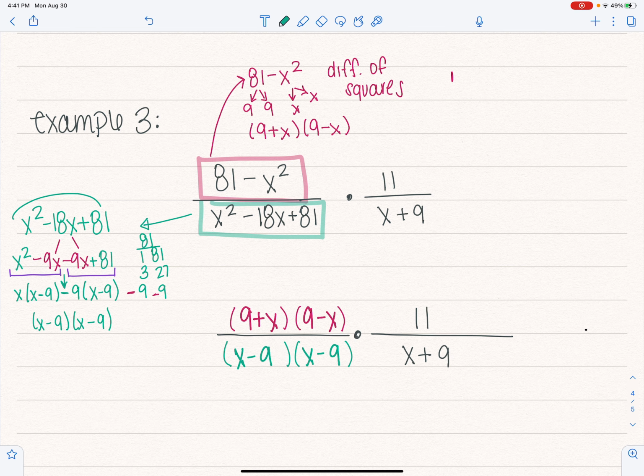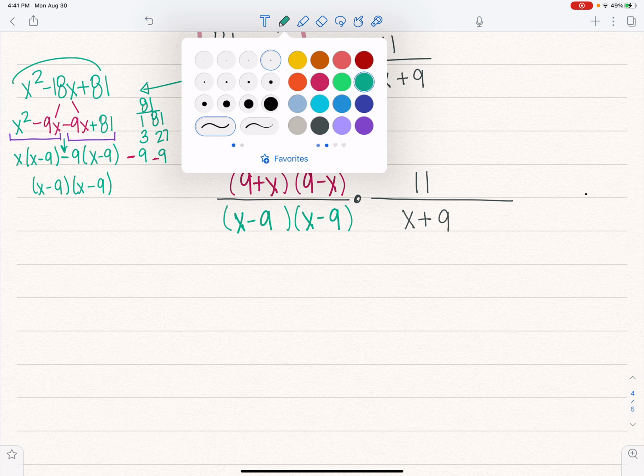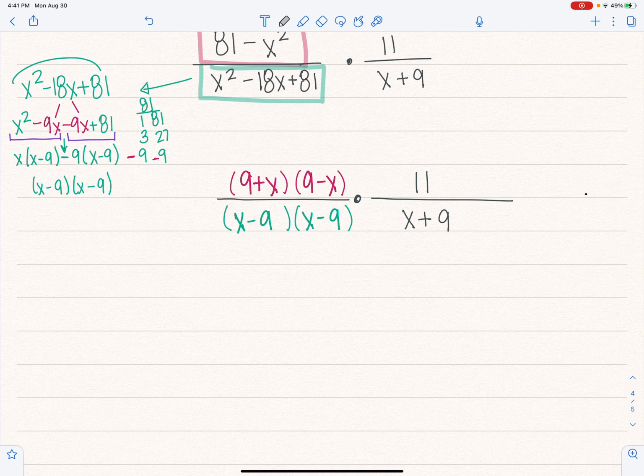And so here's what I'm left with. Now I'm going to look for things to cancel. And so I have this x plus 9 and this 9 plus x. Those cancel to 1 because order doesn't matter over addition, so those are actually the same thing.